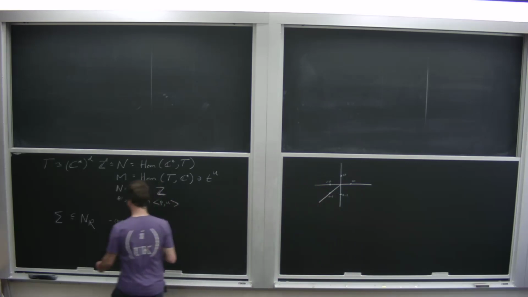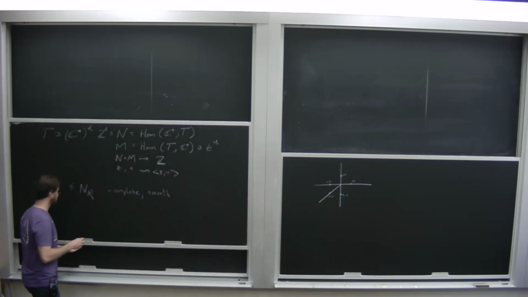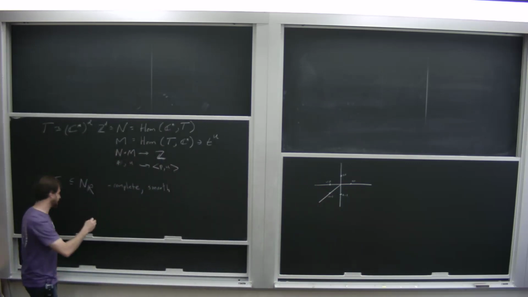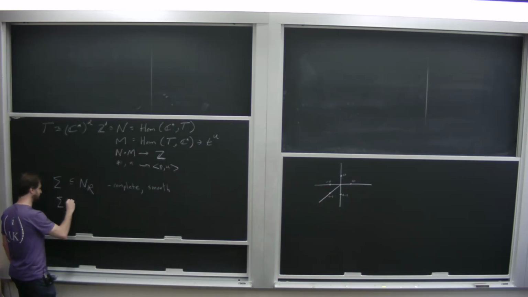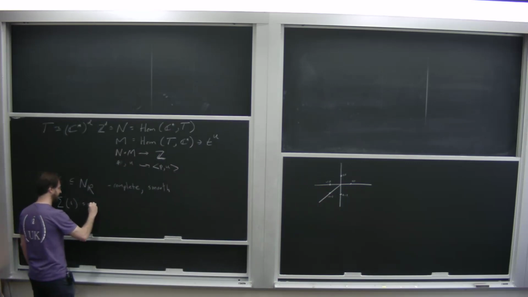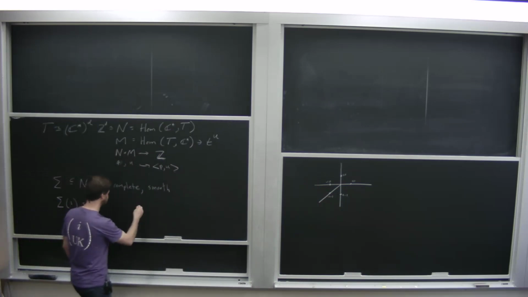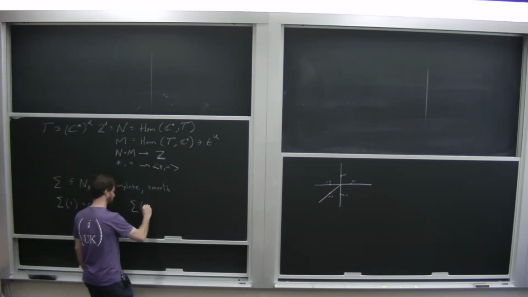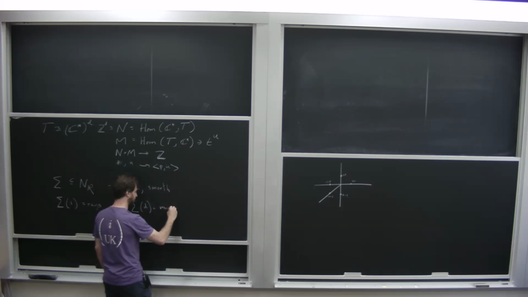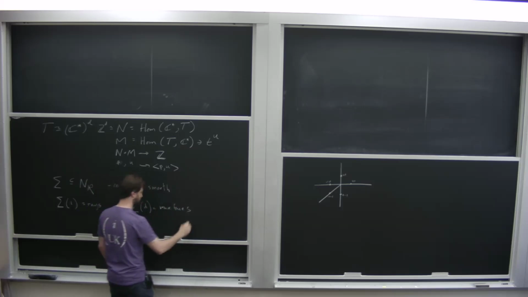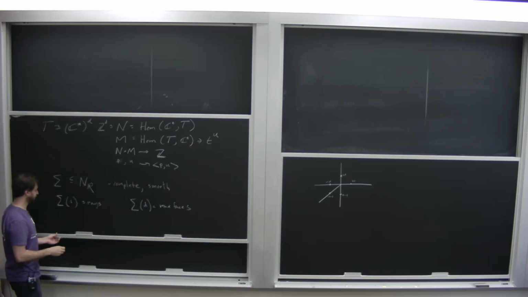All right, a little bit more notation. When I write sigma of a number, I mean take the faces of that dimension. So sigma(1) are rays, dimension one, and sigma(d) are max dimensional faces.